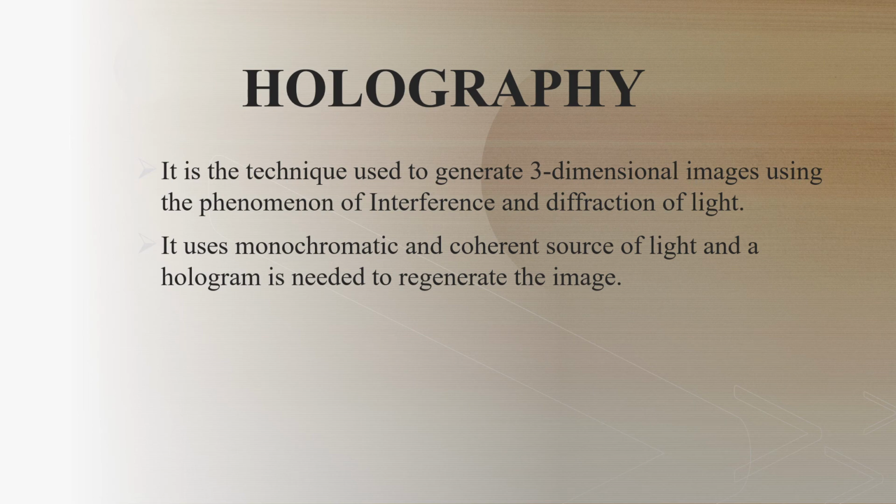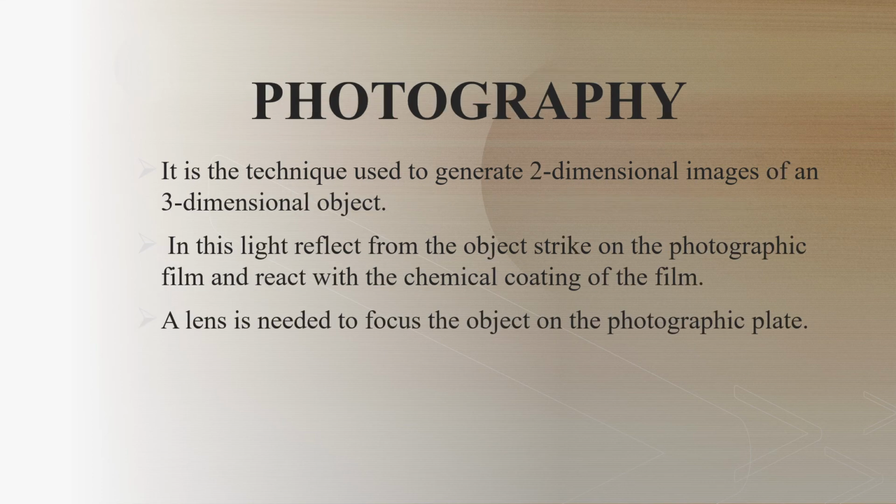Holography. It is a technique used to generate three-dimensional images using the phenomenon of interference and diffraction of light. It uses monochromatic and coherent sources of light, and a hologram is needed to regenerate the image. Photography.